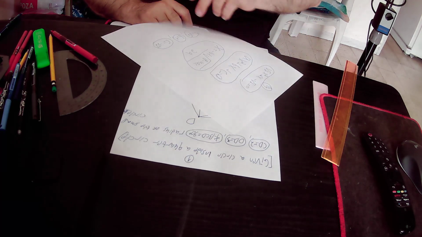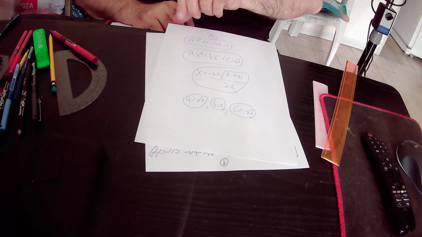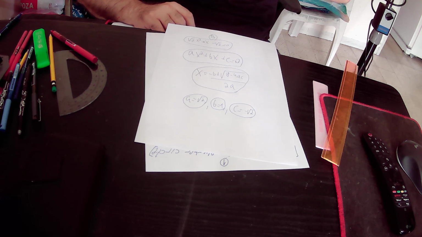Okay, a equals root 2, b equals 1, and c equals minus root 2.